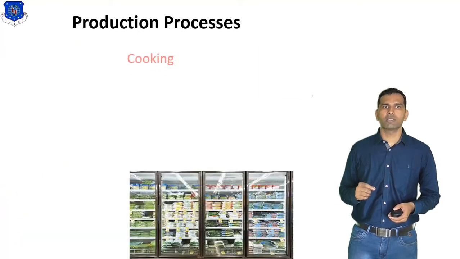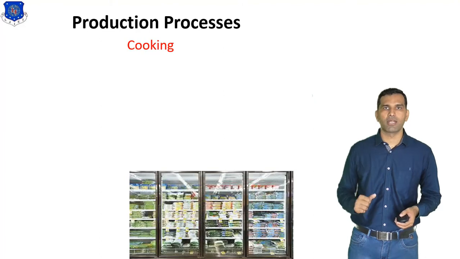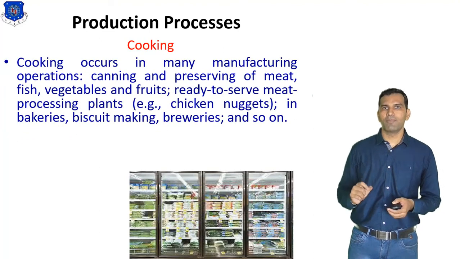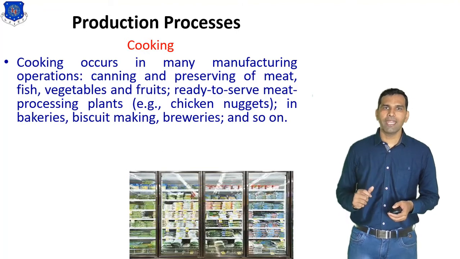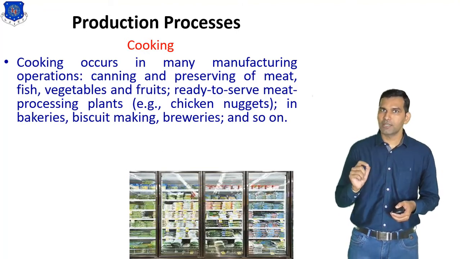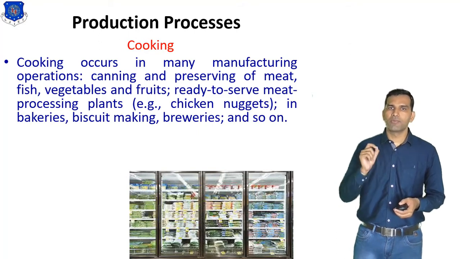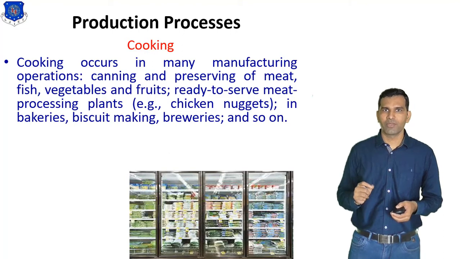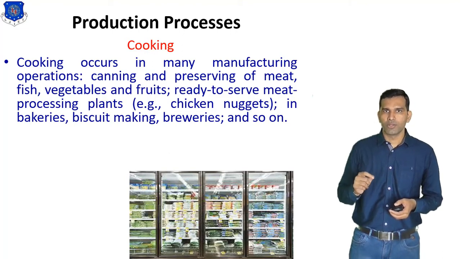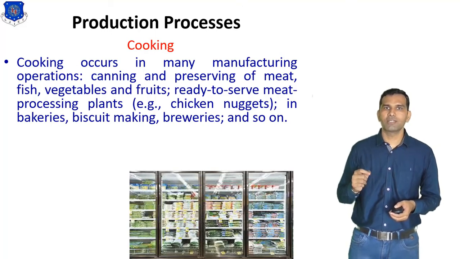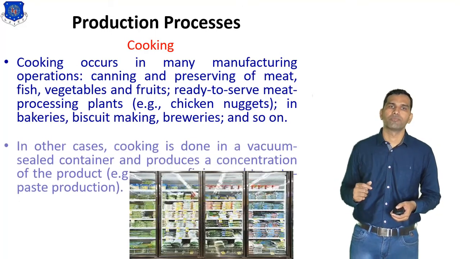Now we discuss the second matter, cooking. Cooking occurs in many manufacturing processes: canning and preserving of meat, fish, vegetables and fruit, ready-to-serve meat processing plants like chicken nuggets, and in bakeries, biscuit making and breweries, and so on.